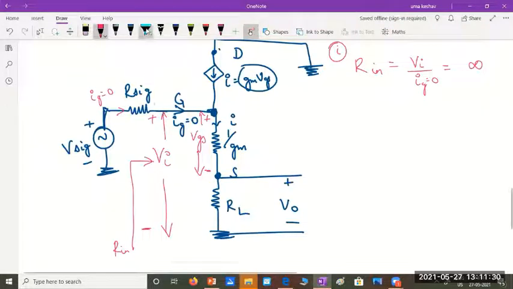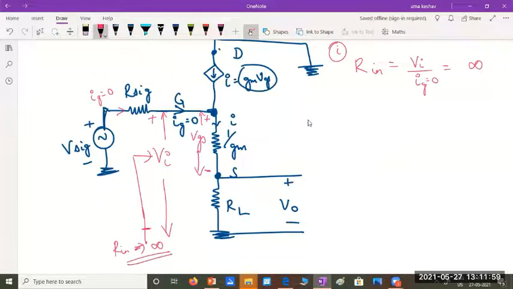Because this bias resistor, if at all it is included, will remain in parallel here. So the resistance here will be infinity in parallel with this. So this is where we find Rin, and Rin turns out to be infinity here.